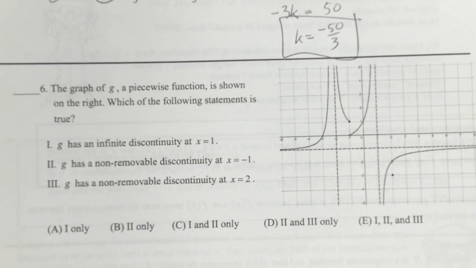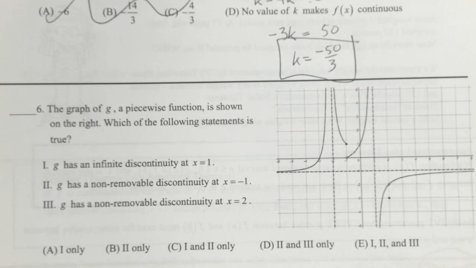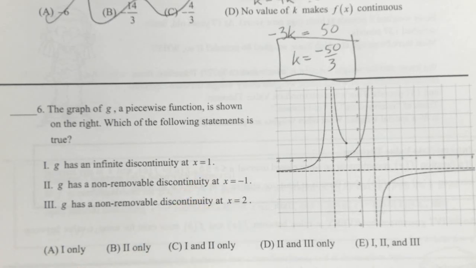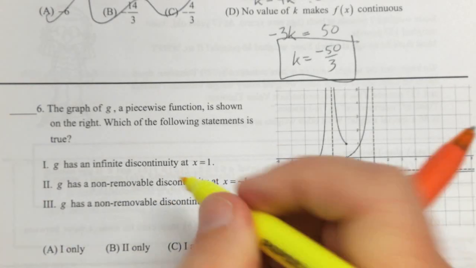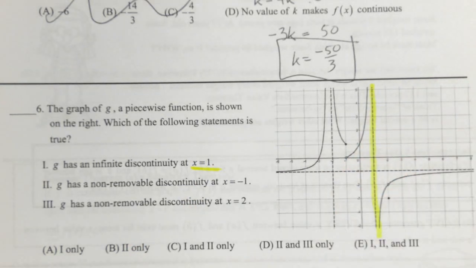Number 6. Oh, I think this is an easier one. Infinite, non-removable, non-removable. Okay, Roman numeral 1. G has an infinite discontinuity at x equals 1. Yes or no? Yes, because at x equals 1, that's the asymptote. That's an infinite discontinuity.